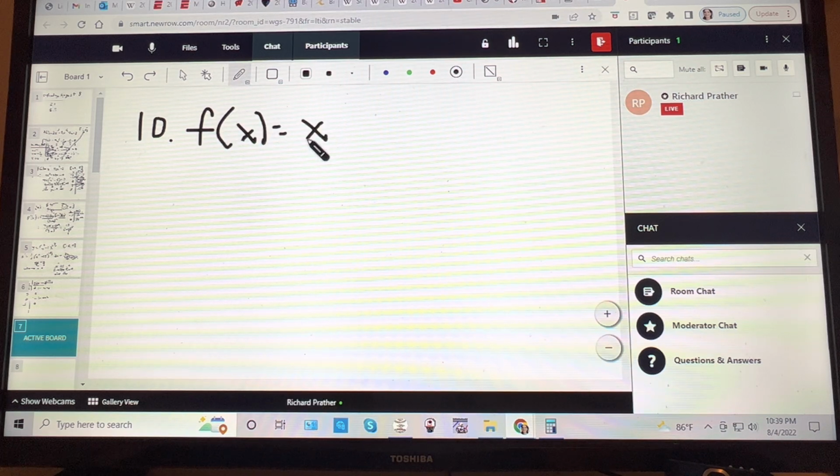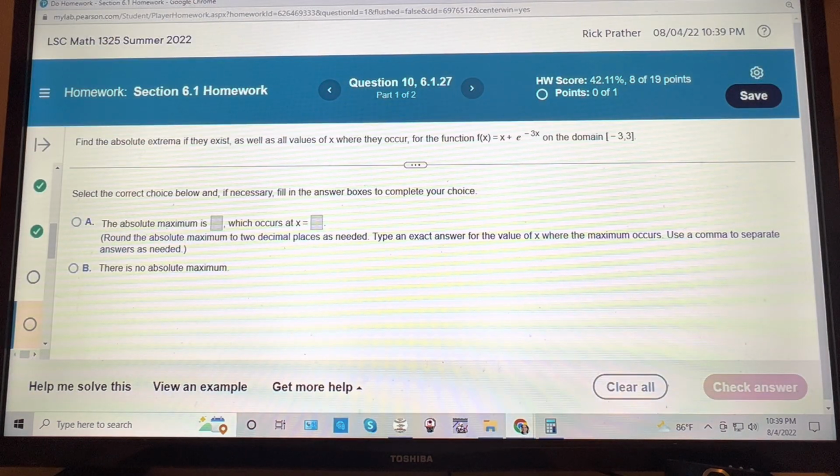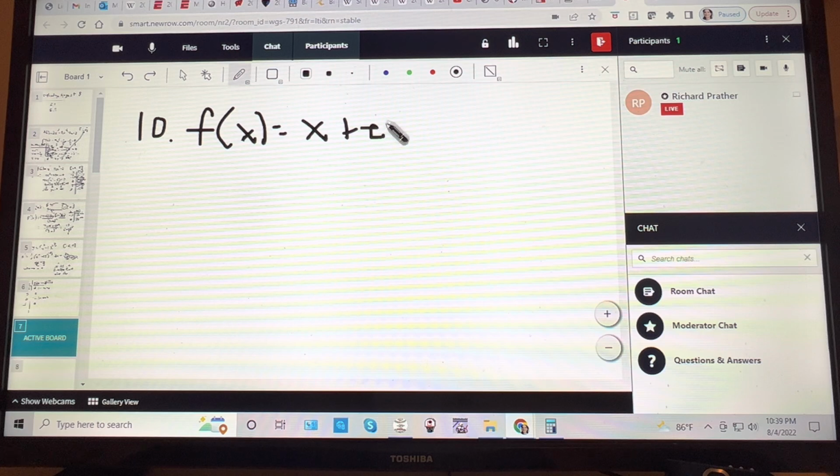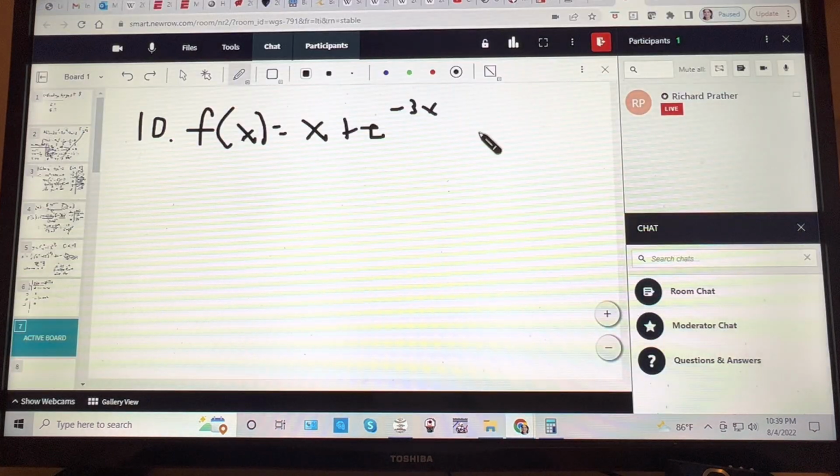So x plus e to the -3x, and the domain is -3 to 3. So we do have a closed interval. The derivative of x is 1.